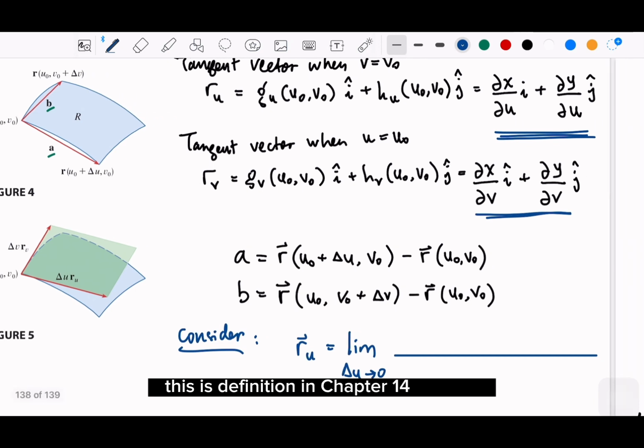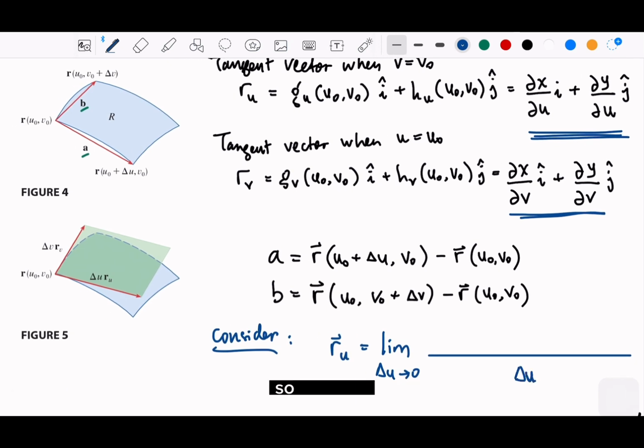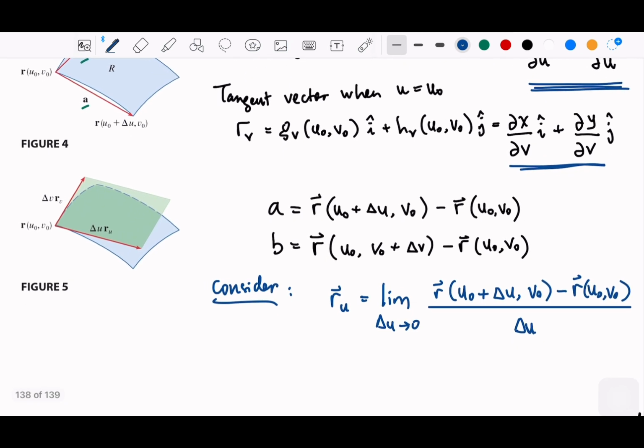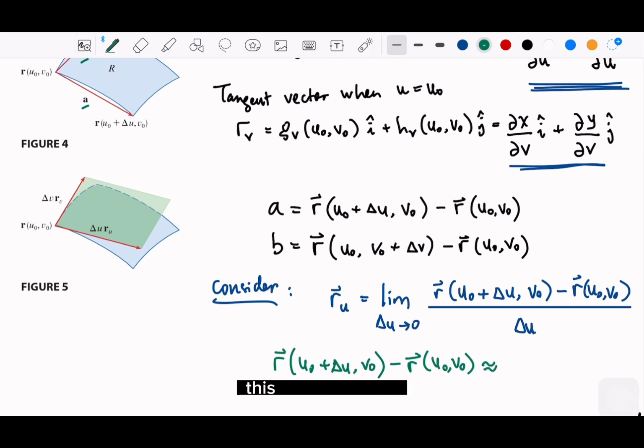This is the definition from chapter 14. So we could take that R minus this R. Simply we can approximate using this limit definition, which we can change to delta u r_u.